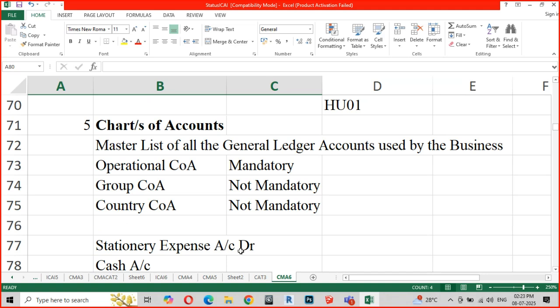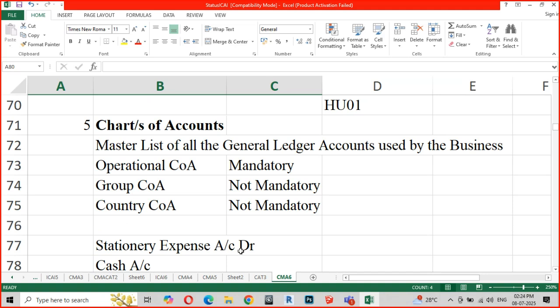And we were using an operational chart of accounts as huge as 7,000 plus general ledger accounts. Who is the owner of this chart of accounts?